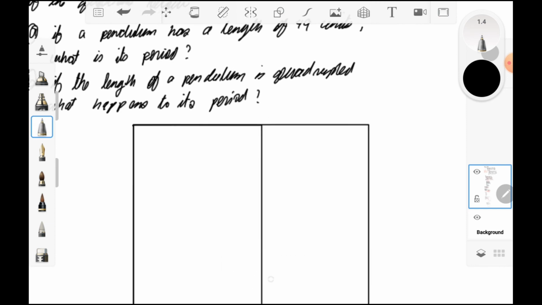So, that's the length of pendulum. So, ang unit of measurement niya is units. Tapos, period. So, parang yung time niya to, no? So, pendulum, yung unit niya is in heartbeats.